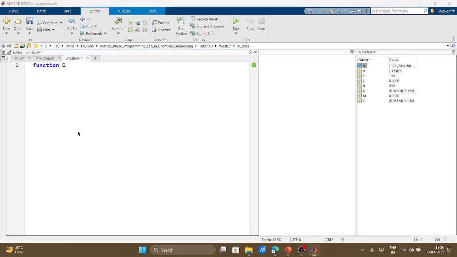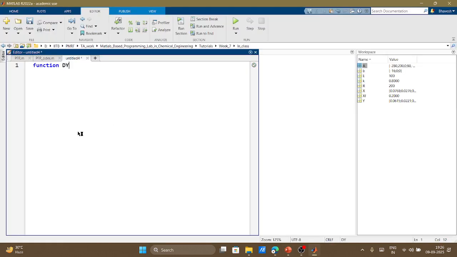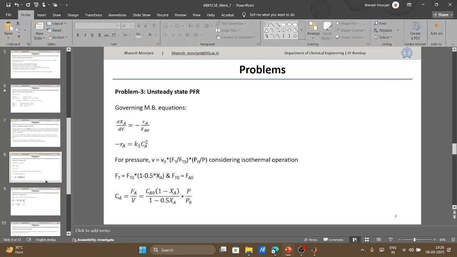So this is my change with respect to volume, so let me call it dy by dv is equal to PFR ODEs. What inputs are required for PFR ODEs? I need the K value, the CA0 value, the P0 value.